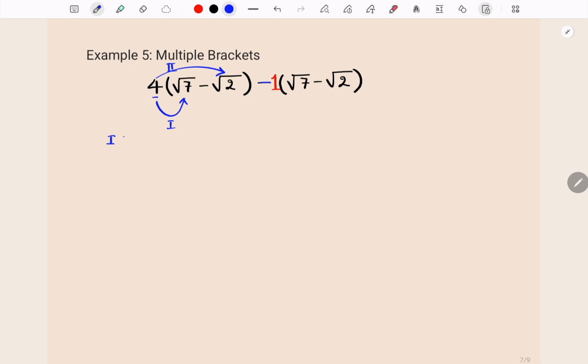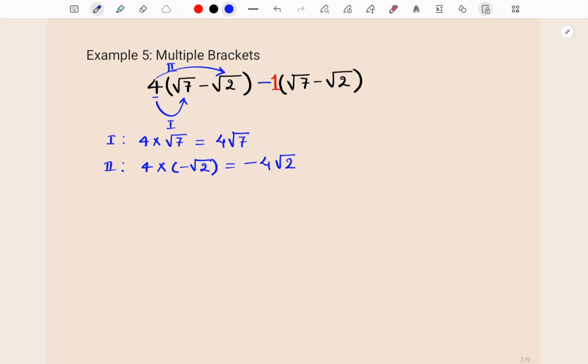We have the first multiplication as 4 times root 7, that is 4 root 7. The second multiplication is 4 times negative root 2, that is minus 4 root 2, right?